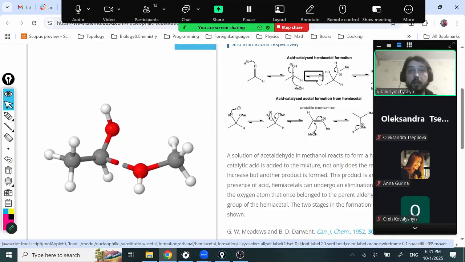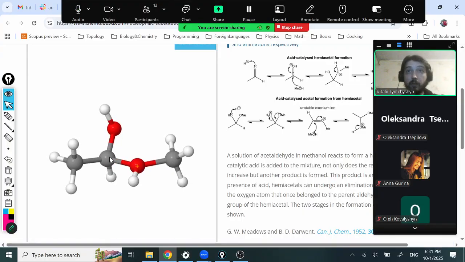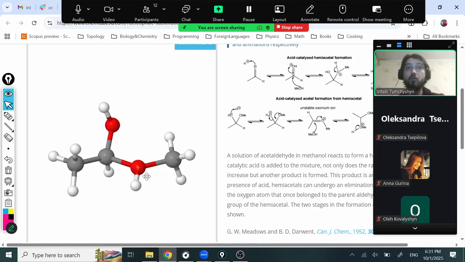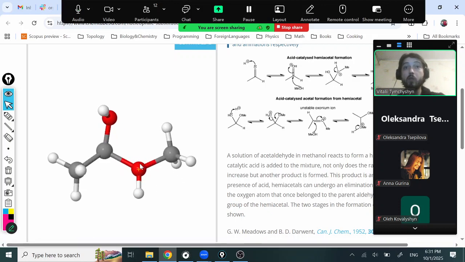A new bond is created, and the electrons from this double bond go to this oxygen. This oxygen now has no charge; it was positively charged, now it's neutral. That's great. We have an OH group, and now we have attached this group to our molecule, but now we have an oxygen once again with positive charge.